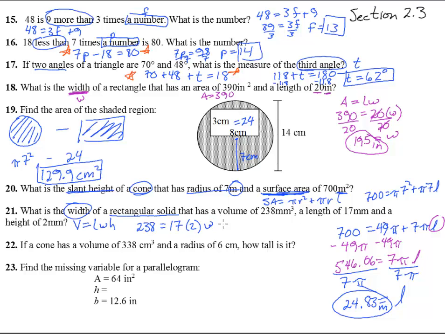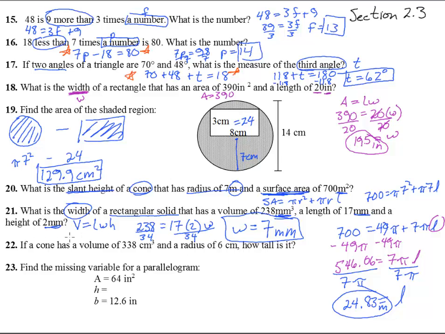We'll leave that as W. This is 34, so we can divide both sides by 34 and we get W equals 238 divided by 34 gives us 7. 7 what? Volume's in millimeters cubed, and the side lengths are in millimeters. There we go. Good.